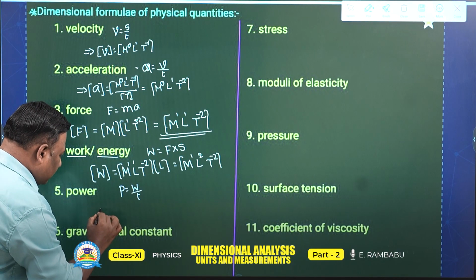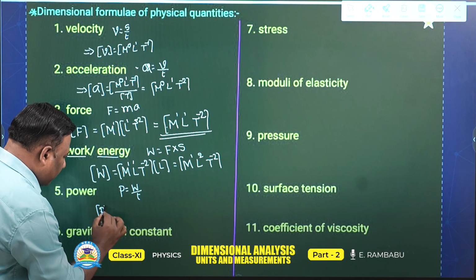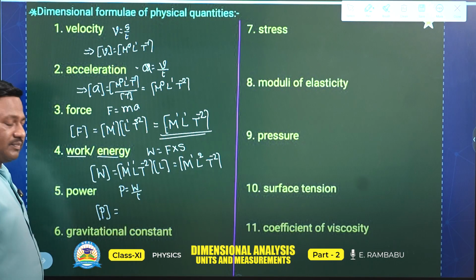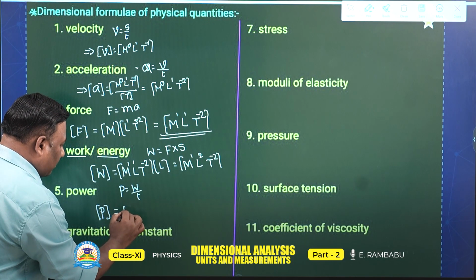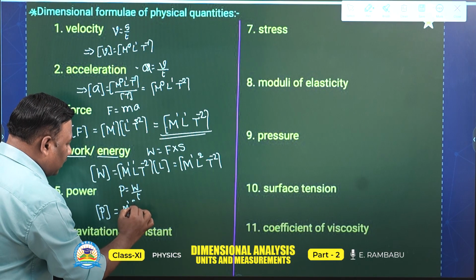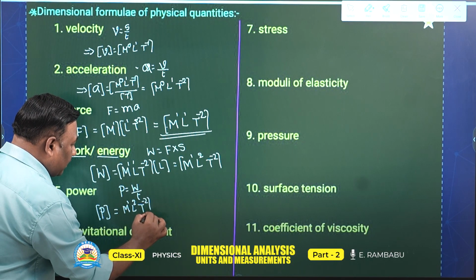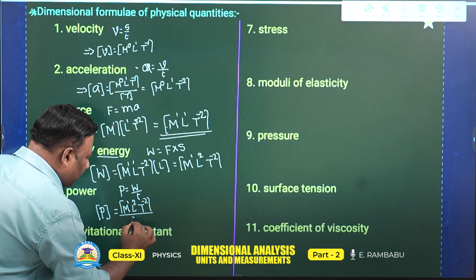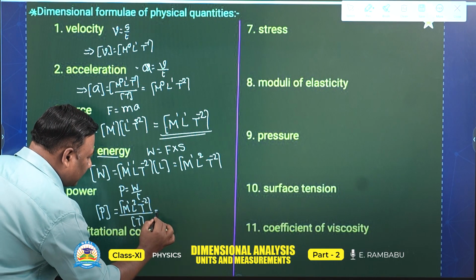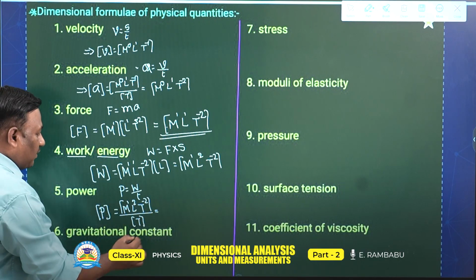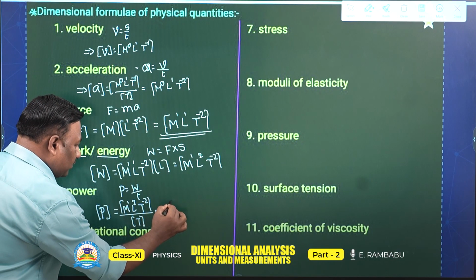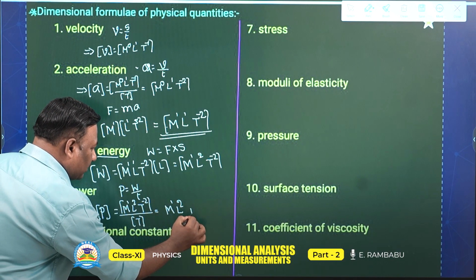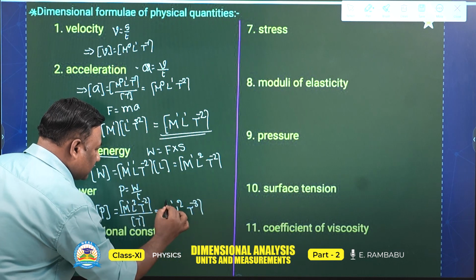So the dimensional formula of power is the work dimensional formula M to the power 1, L to the power 2, T to the power minus 2, divided by time dimensional formula T. So the dimensional formula of power can be taken as M to the power 1, L to the power 2, T to the power minus 3.